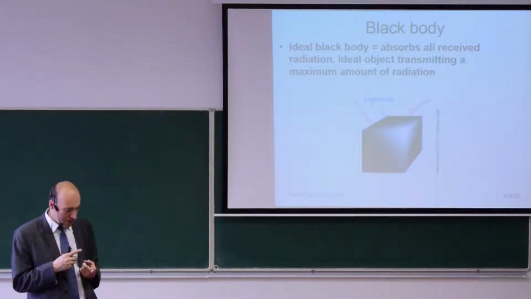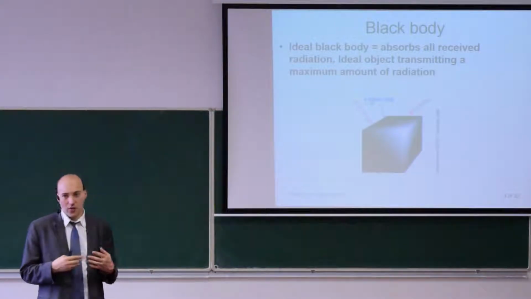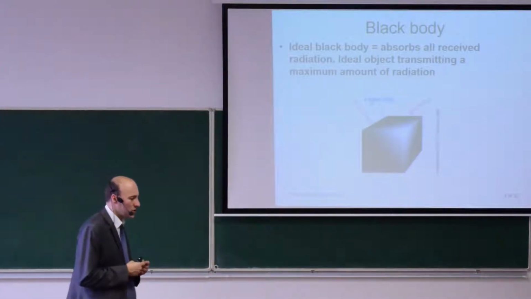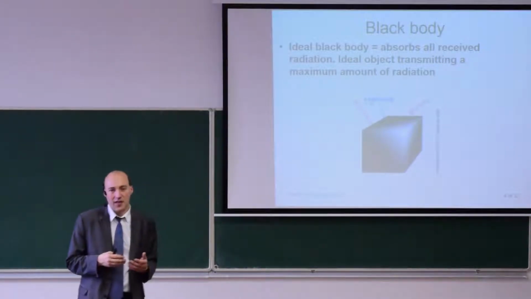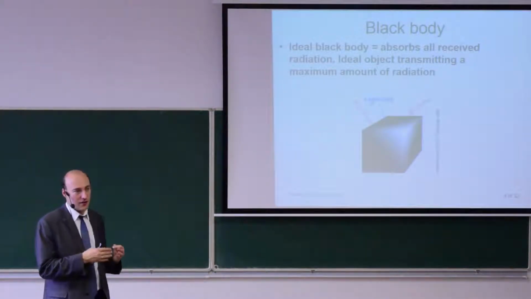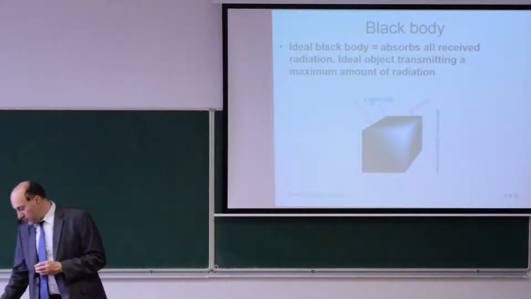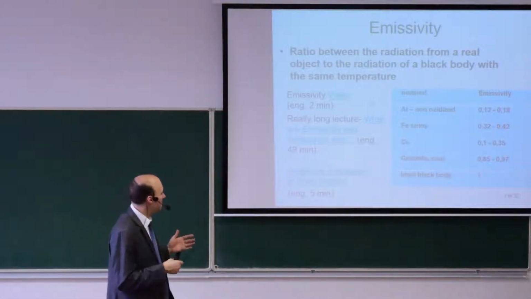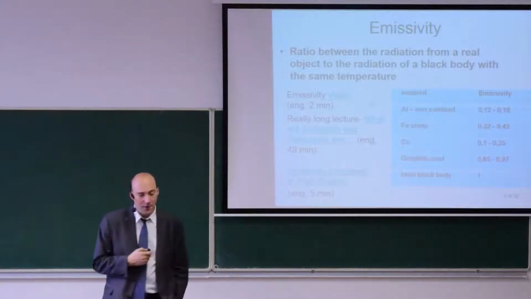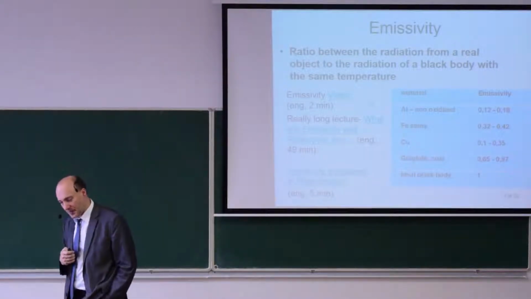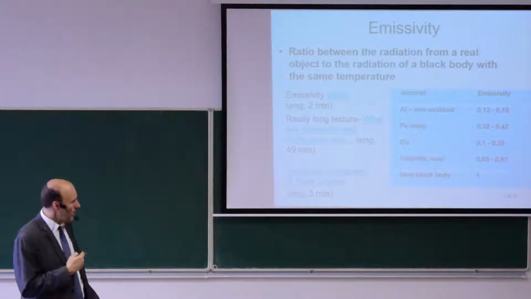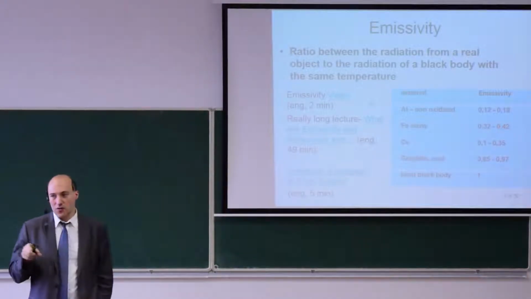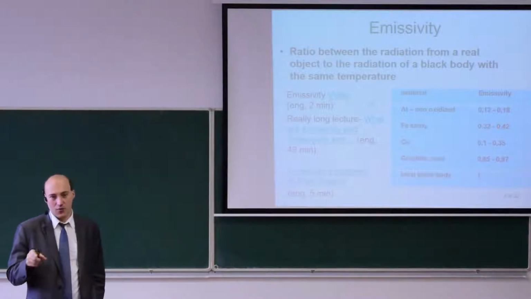The most important number that we need to know before we measure with a non-contact temperature sensor is the emissivity of the surface of the object. Here in this table you have some numbers for different materials, and you may see that there is typically a wide range of emissivity.